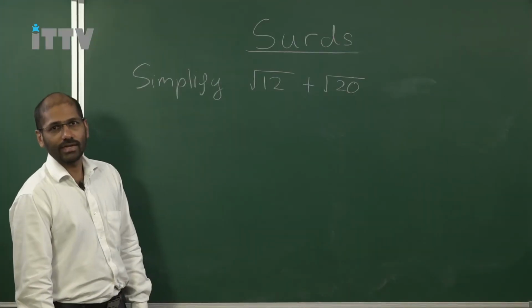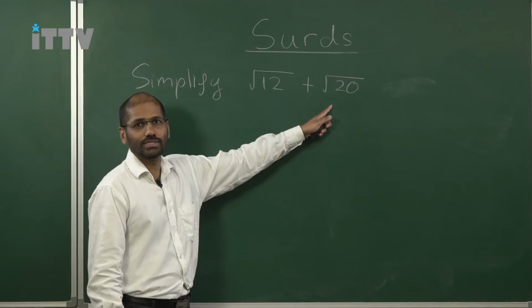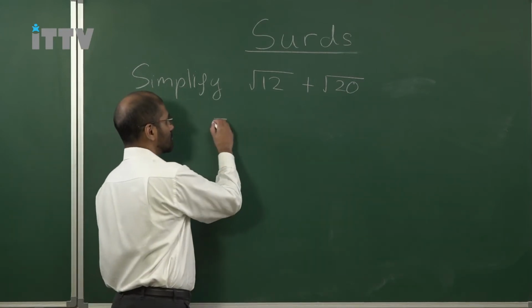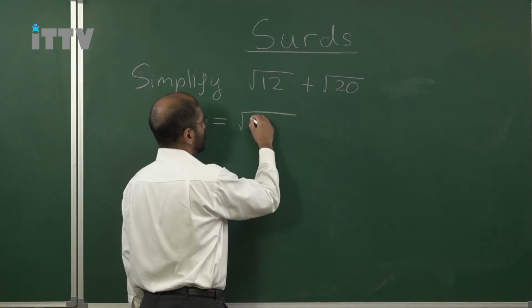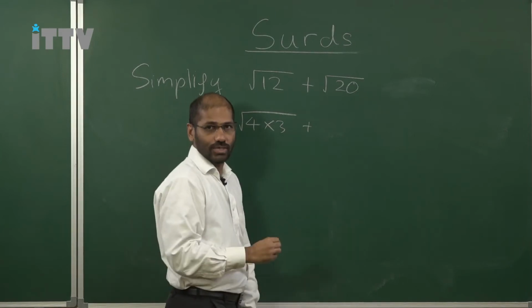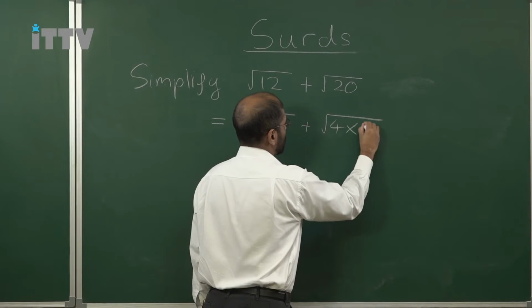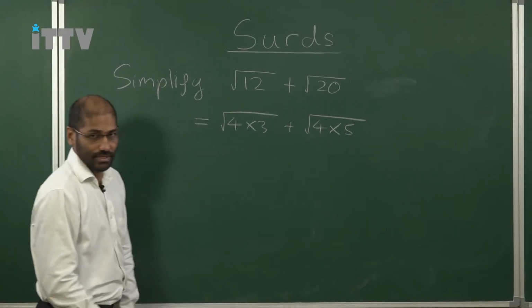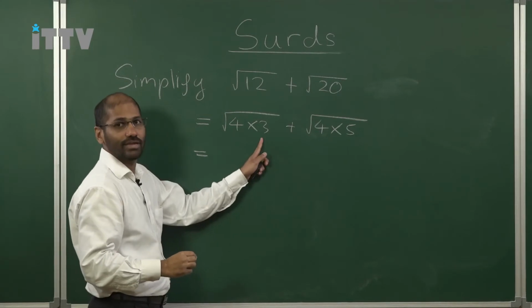Let's look at an example of how to simplify surd 12 plus surd 20. So surd 12 can be expressed as the square root of 4 times 3, and surd 20 can be rewritten as 4 times 5. Now, according to the earlier example, we know that multiplications can split.